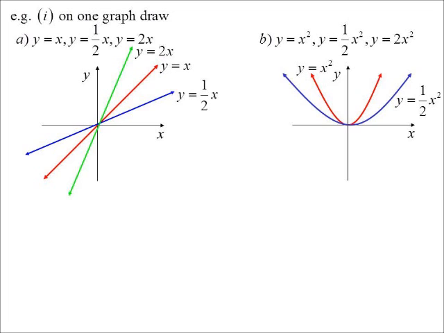Here we go. We end up with a shallower graph, y equals a half x squared, just like we did over here. We end up with a shallower parabola, if you like, because all those y values are being halved. They're coming lower down. And if I had 2x squared, I would now get a steeper parabola because all those y values are being doubled.